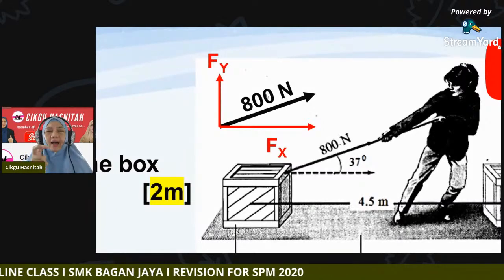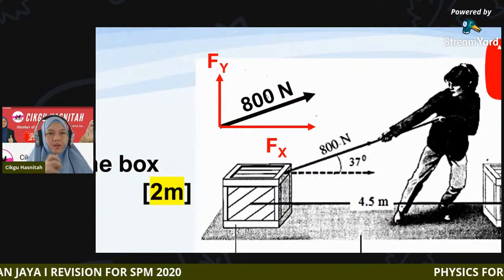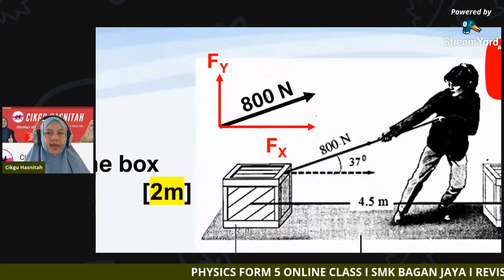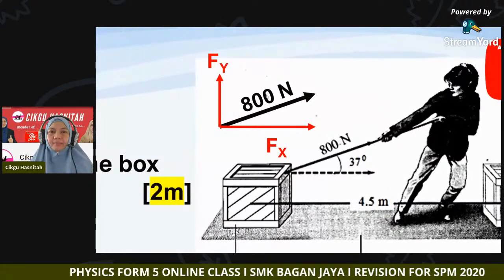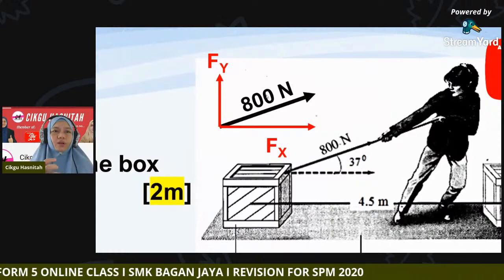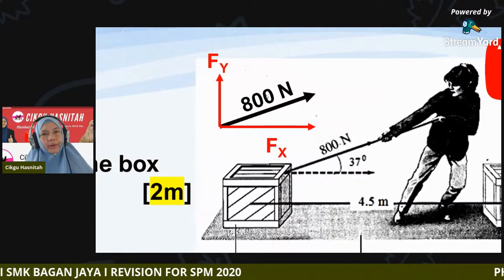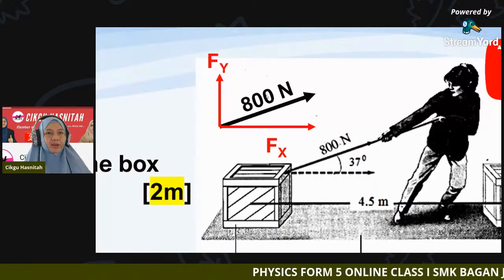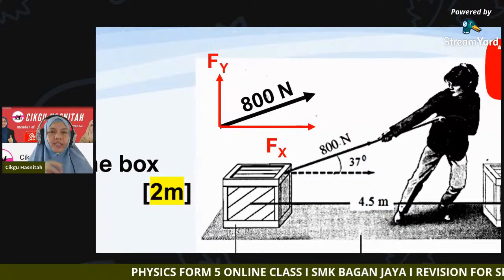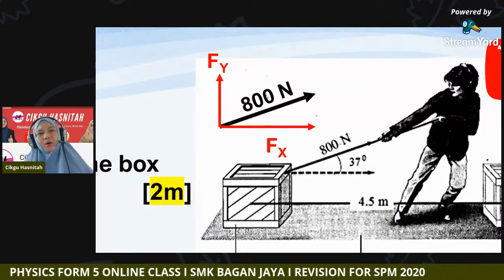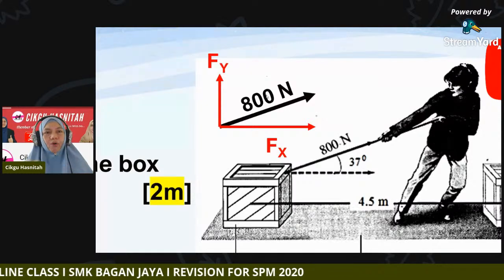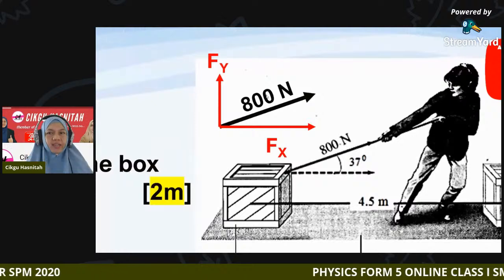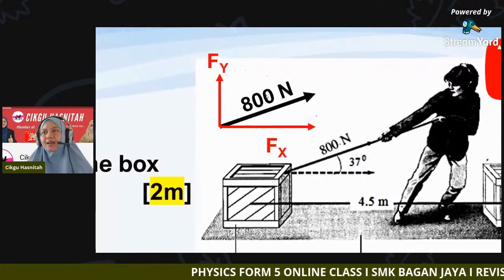They are Fx, which acts horizontally, and Fy, which acts vertically. So which force causes this box to move forward, Fx or Fy? This one you must understand first. You can see in this diagram, the box is moved forward horizontally. So it moved forward due to Fx. So this is the force we need to find. Ini yang kamu kena kira.